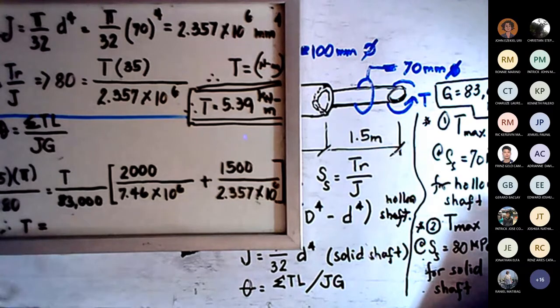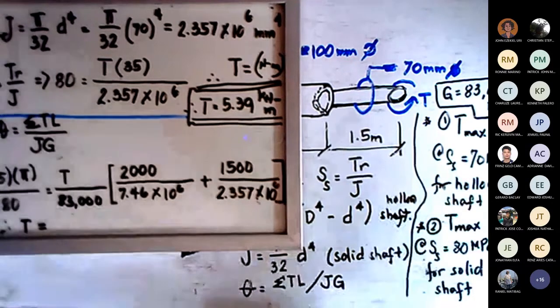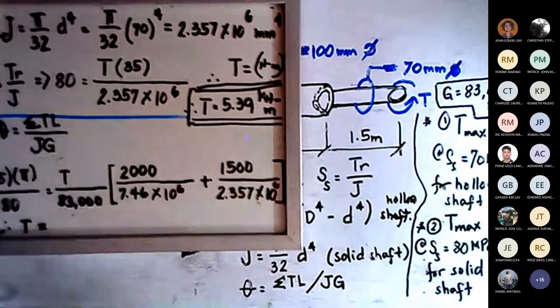Times pi times 2.5 divided by 180 divided by 1,000 divided by 1,000. There, 4, correct. 4 kilonewton meter, 4.004.